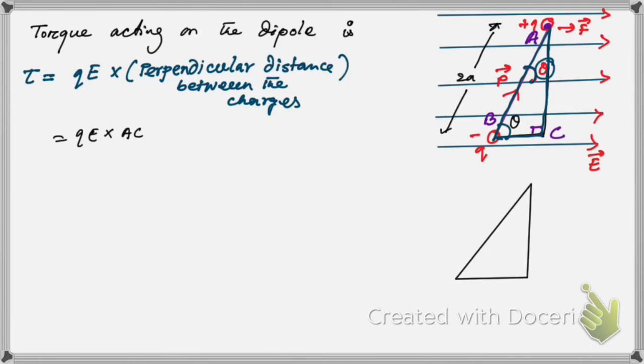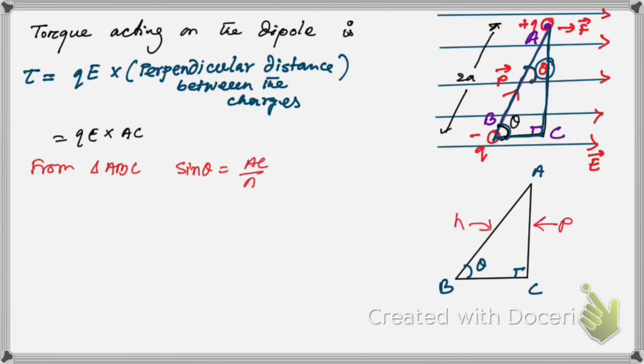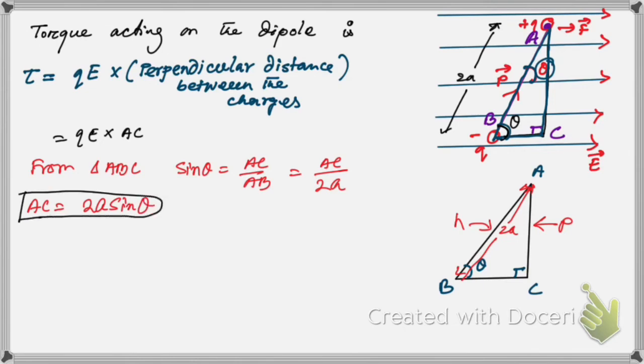It is simple geometry. From triangle ABC we get sine theta equals AC by AB, perpendicular by hypotenuse. The length AB is the length of the dipole, that is 2a. So it implies that AC is equal to 2a sine theta. Now let us use this value of AC here.